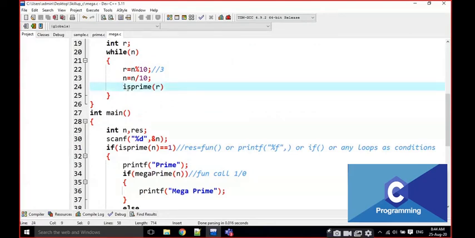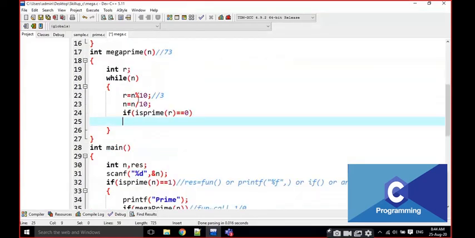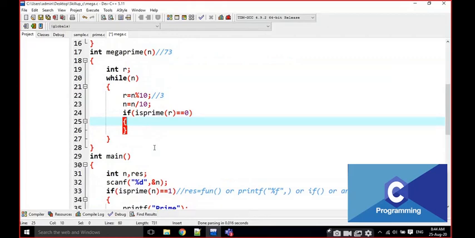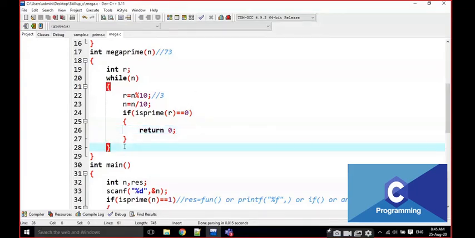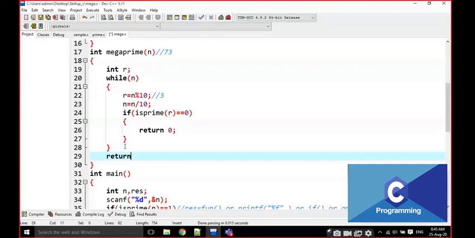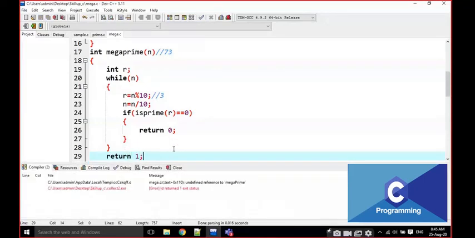Here I am going to check if not a prime is equal to 0, that means it is not a prime, right? That means I am going to return 0 here. If all the digits are prime, then I am going to return 1 here. For example, if I am going to execute it, just wait.